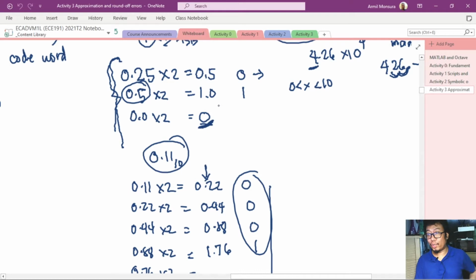Because the next product would be 1.0, and the decimal part is 0. So when you multiply that by 0, the product is 0, and that's your stop.